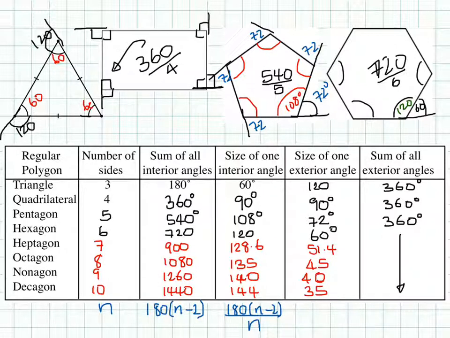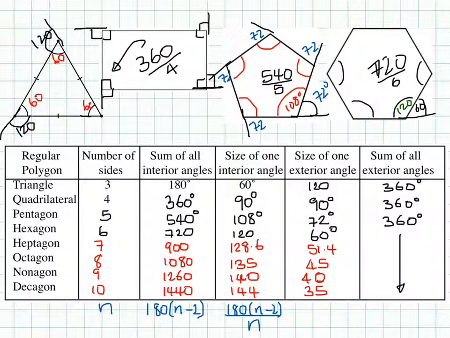And then we come down to, how do we find out what an exterior angle of the shape is? Well, that's pretty straightforward when you think about it. All of the exterior angles added up to 360, didn't they?